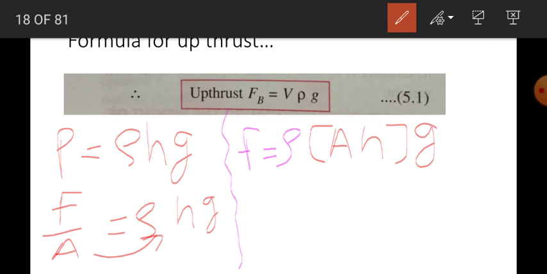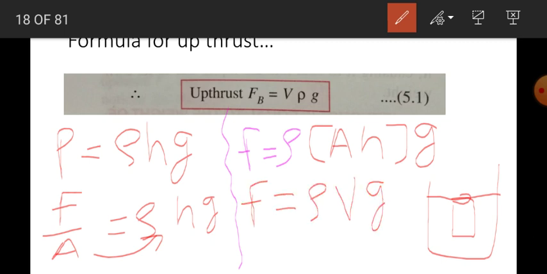Now what is A into H? For a cylindrical object, let me draw it once again. There was an object in the water. For a cylindrical object, A into H is nothing but the formula of the volume of the object. Okay, area into height. So area into height is volume of the object.